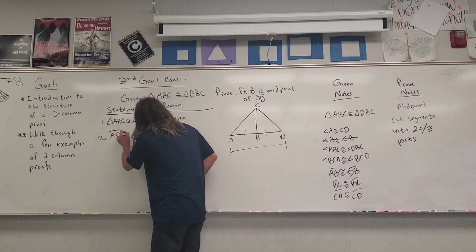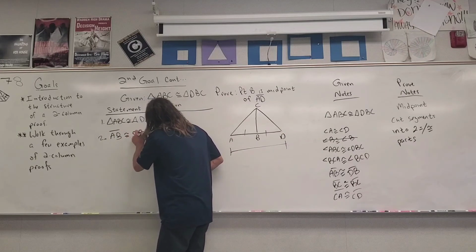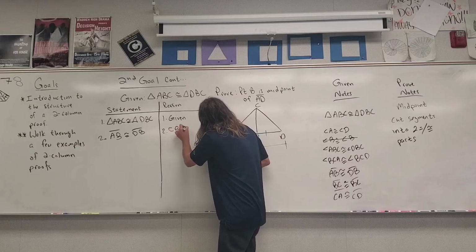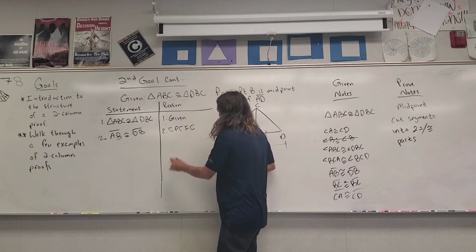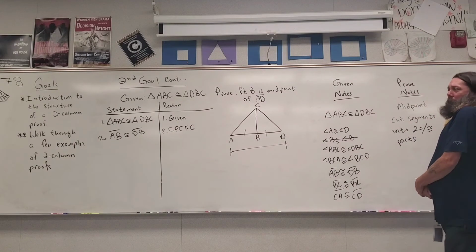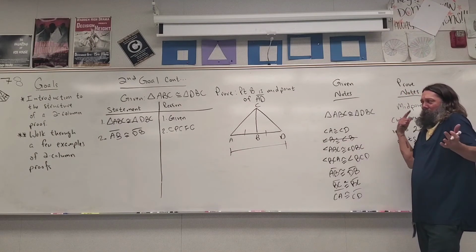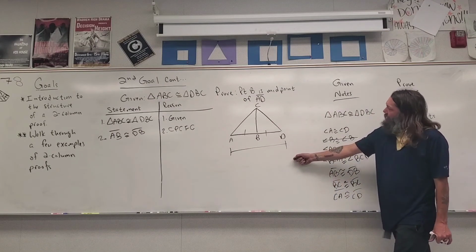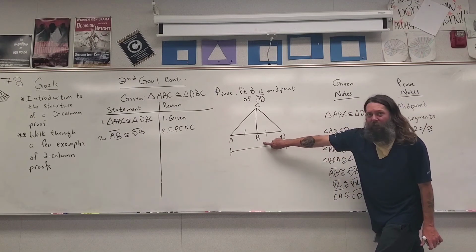And this is true, again, because corresponding parts of congruent figures are congruent. All right? Which means segment AD got cut in half at point B.